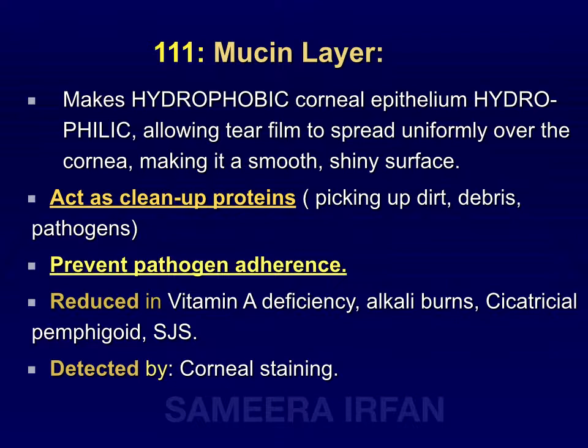The mucin layer is reduced in vitamin E deficiency, in chemical burns, or in disease, and it can be detected by the corneal staining either by fluorescein or by vital stains like lissamine green and rose bengal.